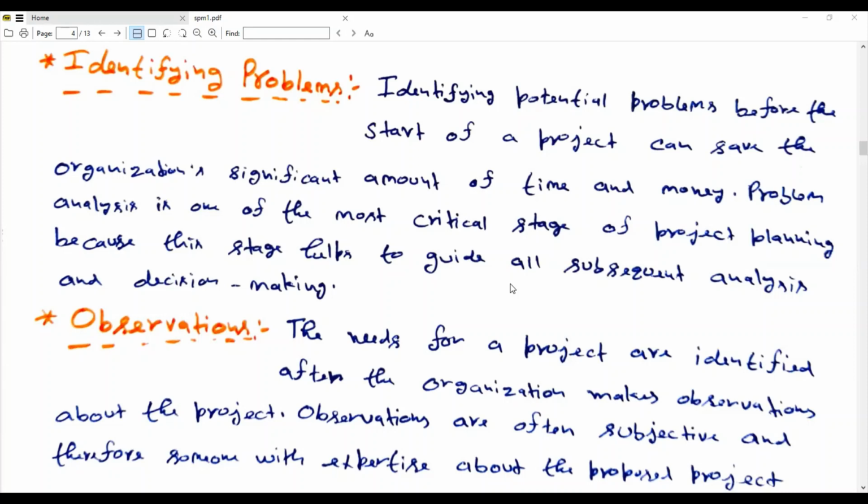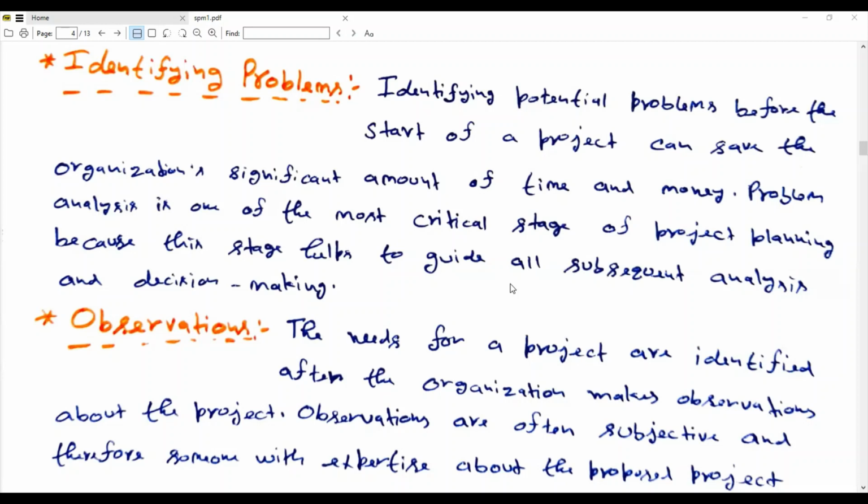We will analyze the problem: what kind of risks are associated with the particular project, what kind of guidance, and what kind of team we must have. We will identify this in this phase.